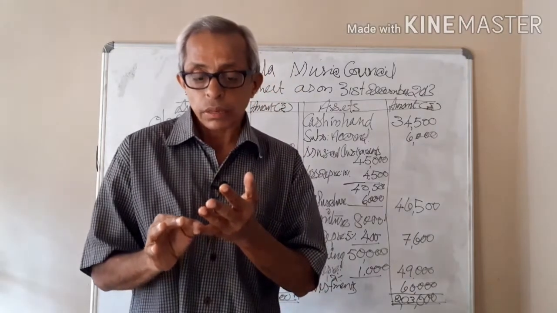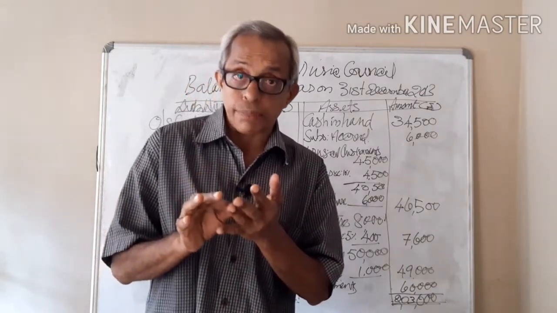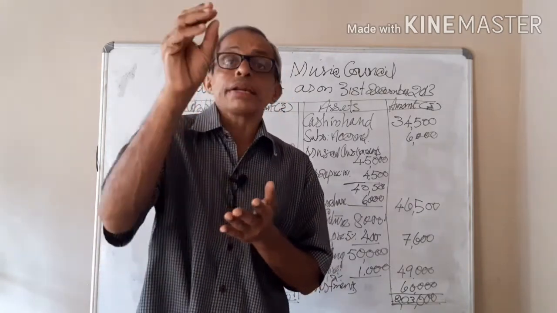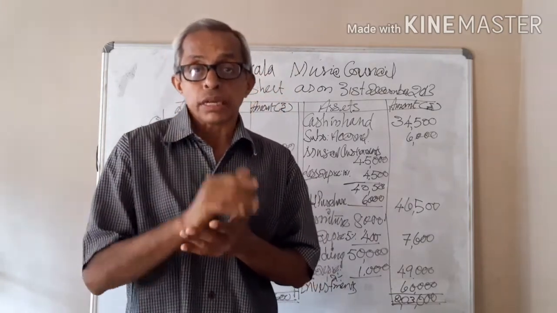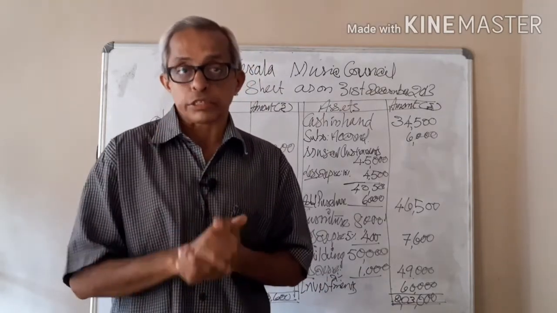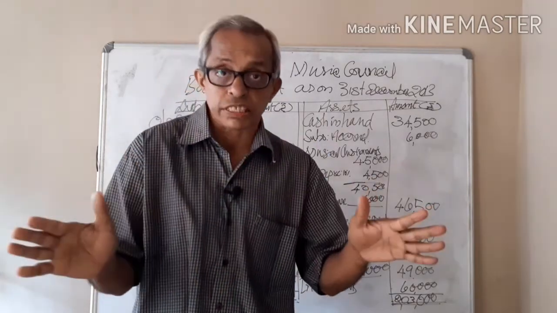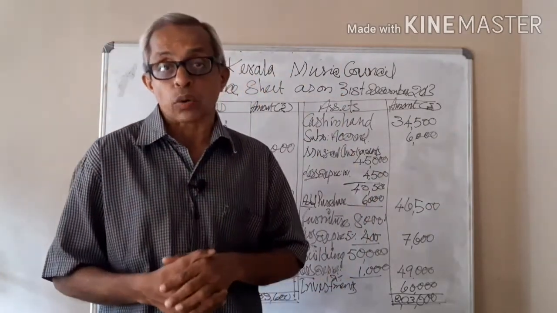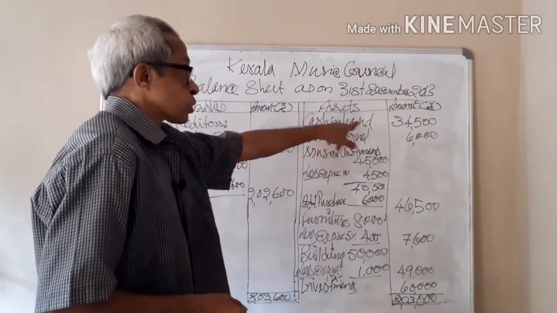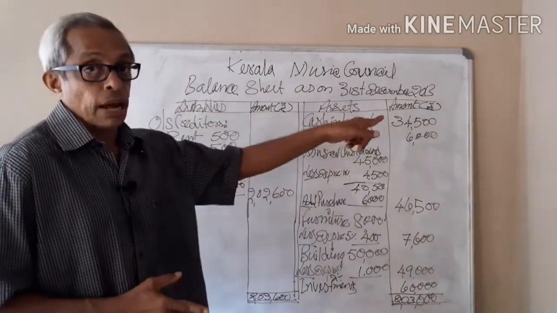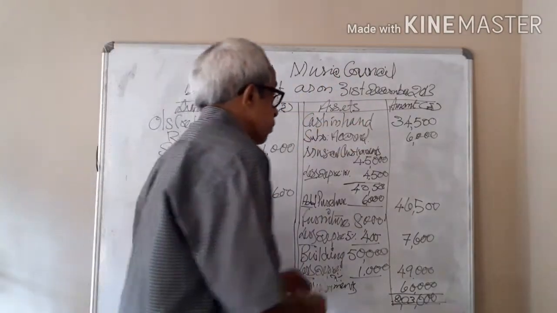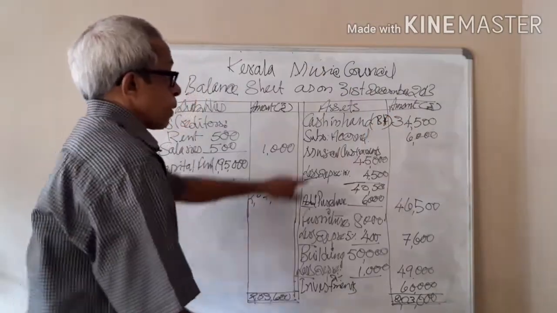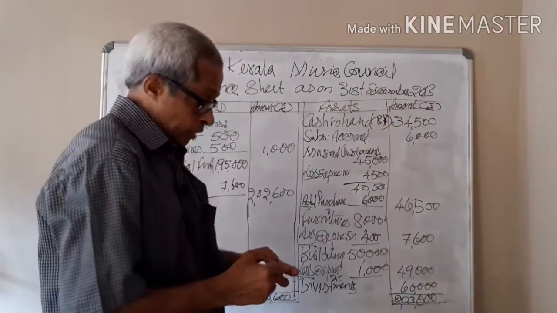So here we are given depreciation, and then opening balance sheet, receipts items and payments items and adjustments. But we are not given the receipts and payments account. So we prepare the receipts and payments account in order to find out the closing balance. This is the balancing figure from the receipts and payments account.